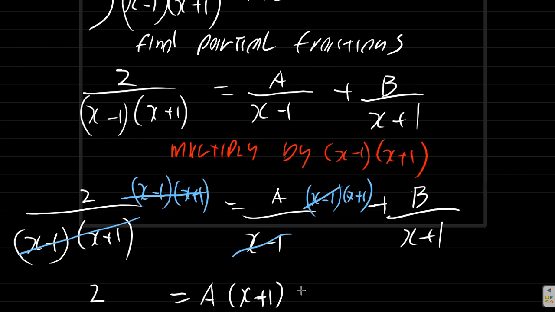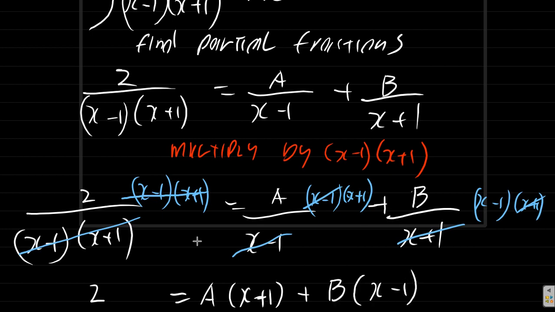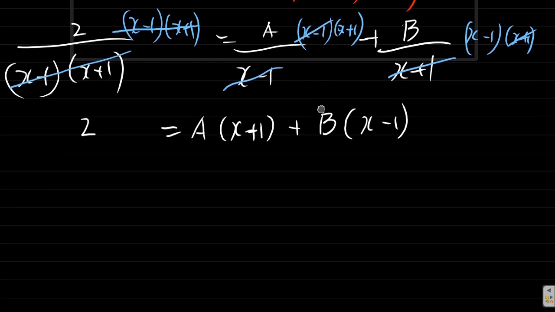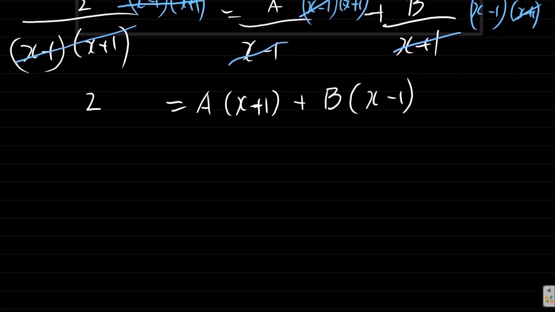See that? Plus, then we multiply the b by x minus 1, x plus 1. What happened? x plus 1 cancels x plus 1. So what you have left is b times x minus 1. Alright? So you have that.